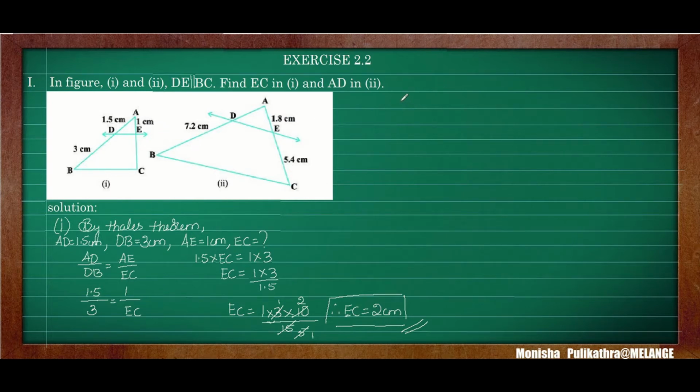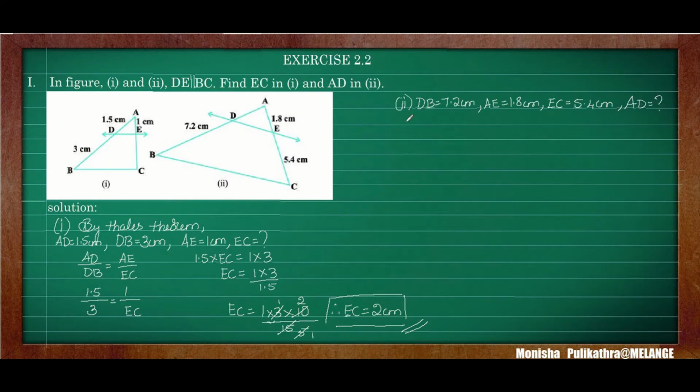We need to find out the value for the second one. In the second diagram, the values are DB is equal to 7.2 centimeter, AE is equal to 1.8 centimeter, EC is equal to 5.4 centimeter. We need to find out the value of AD.